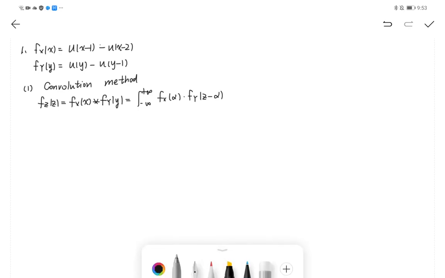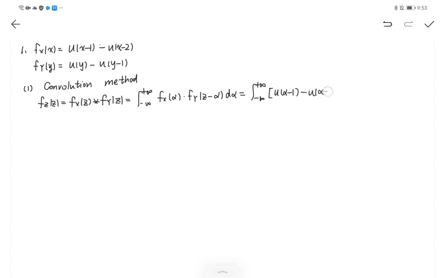Oh, sorry. Here it is z: f_X(z) convolved with f_Y(z). So that equals the integral from negative infinity to positive infinity of u(alpha minus 1) minus u(alpha minus 2).